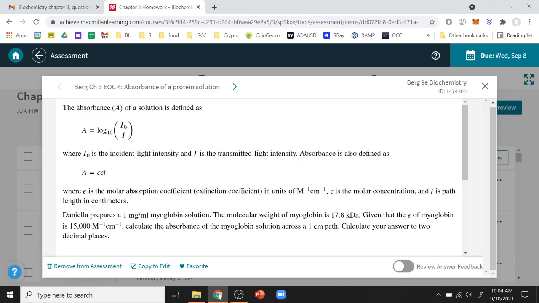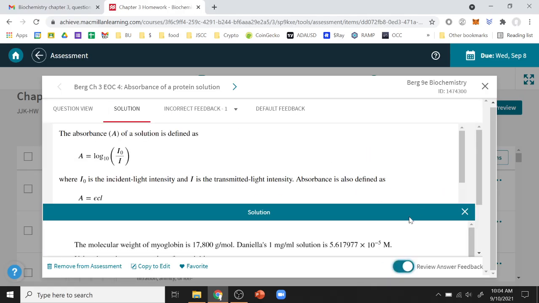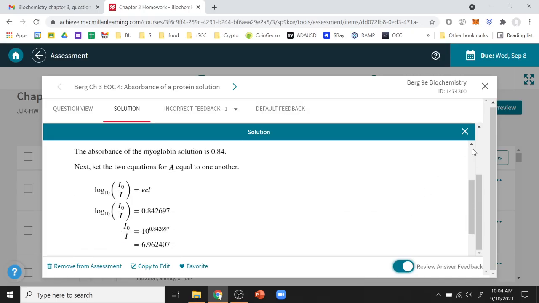Well, you take 10 to the power of 0.84. The 10 to the power of log base 10 will cancel out, leaving you with 10 to the 0.84 power equals I0 over I. The next thing you need to do is, you don't want I0 over I. That's what you end up with when you solve, get rid of that log.